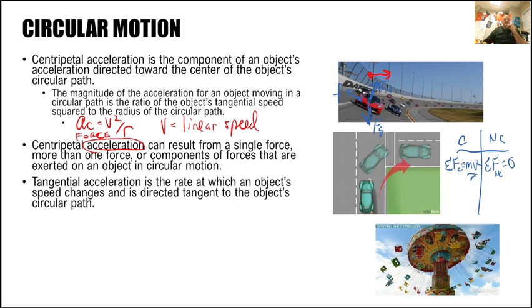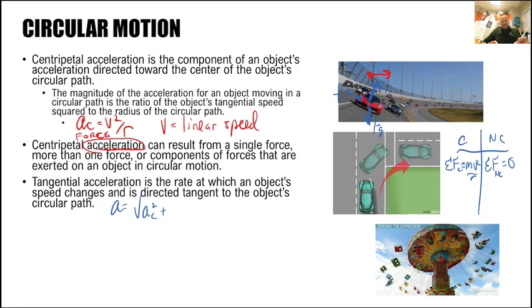Now, the tangential acceleration, here's again a difference between Physics 1 and Physics C. In Physics C, you could have an acceleration where the car or the object is speeding up or slowing down as it's being pulled into a circle. The resulting acceleration ends up being a Pythagorean theorem situation.